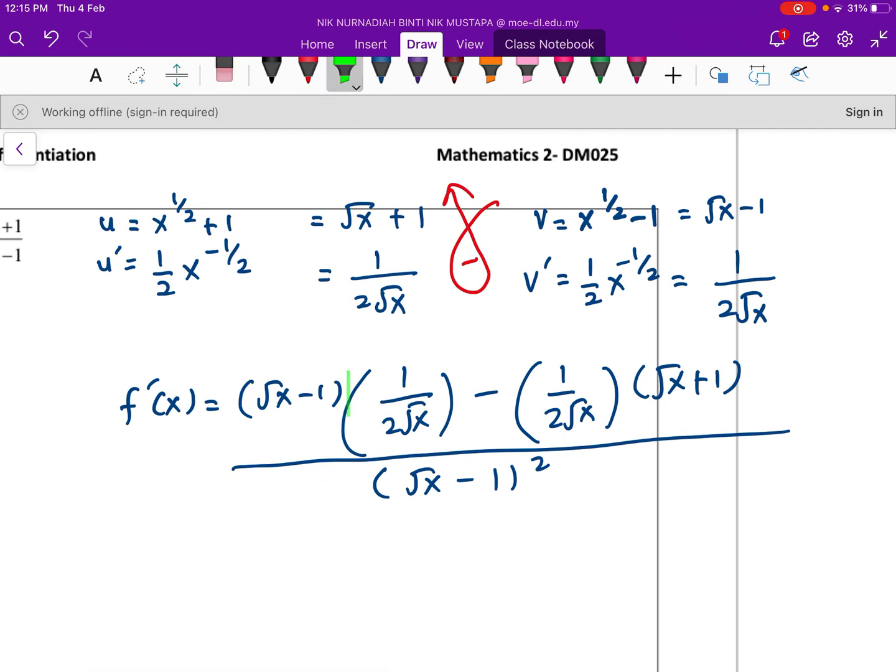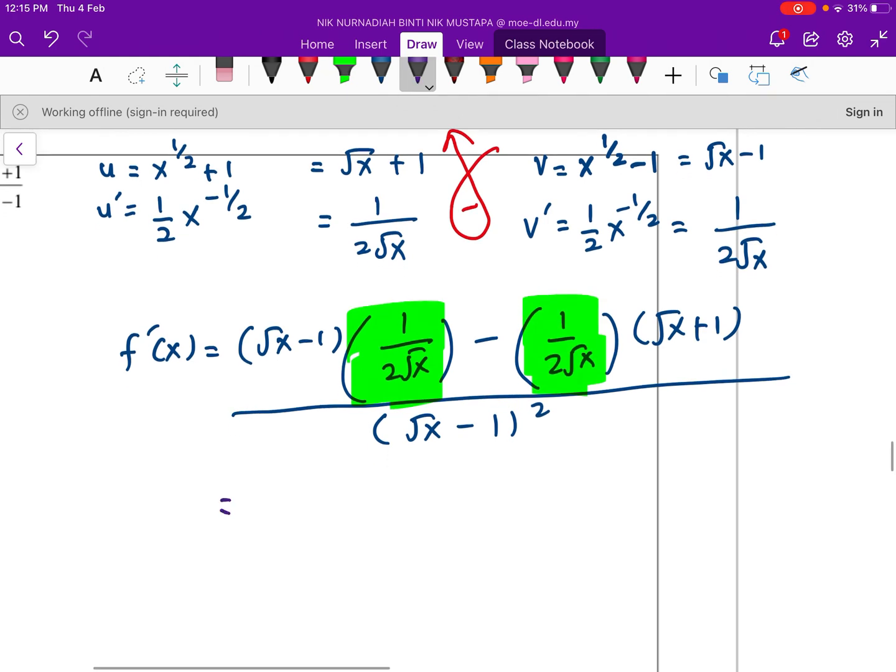Okay, so from here we have something very similar. Okay, very similar here. So we can factor it out. Okay, factorize it. It become 1 over 2 set x.